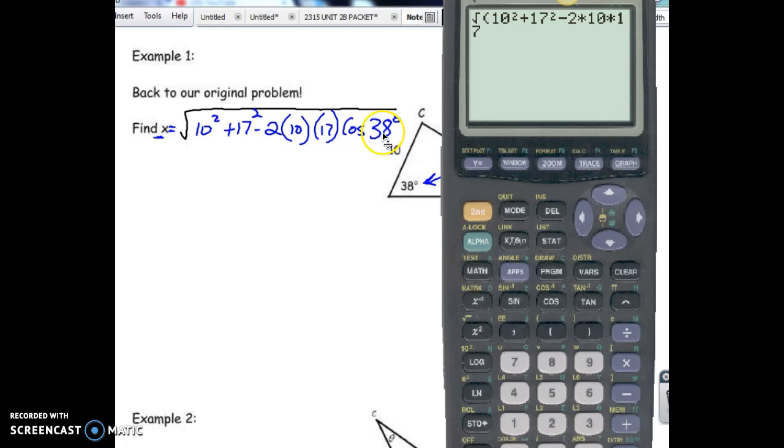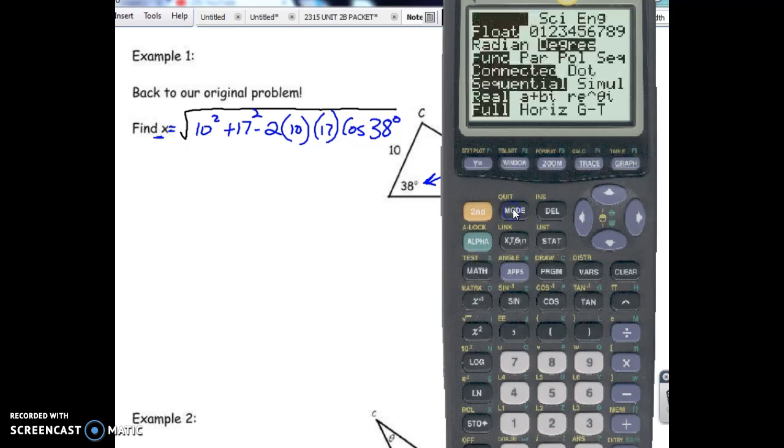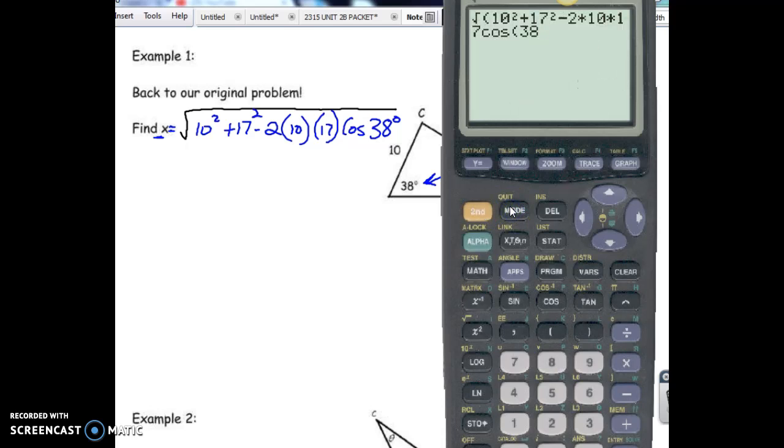And then we have the cosine of 38. And let me just make sure I'm in degree mode. I am. Now, I need a parenthesis to close off the cosine of 38. But see this? This is the square root of all of this. So you see that parenthesis right there? I need another parenthesis at the end.